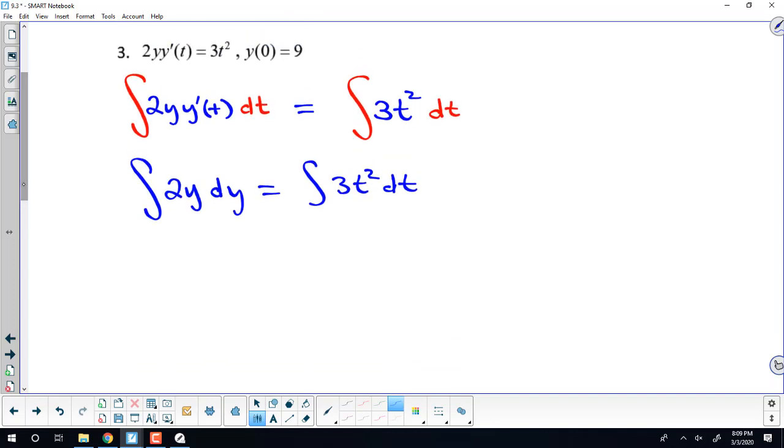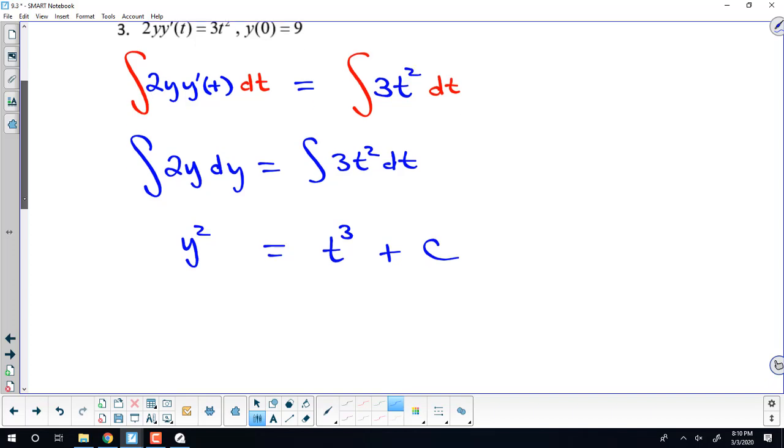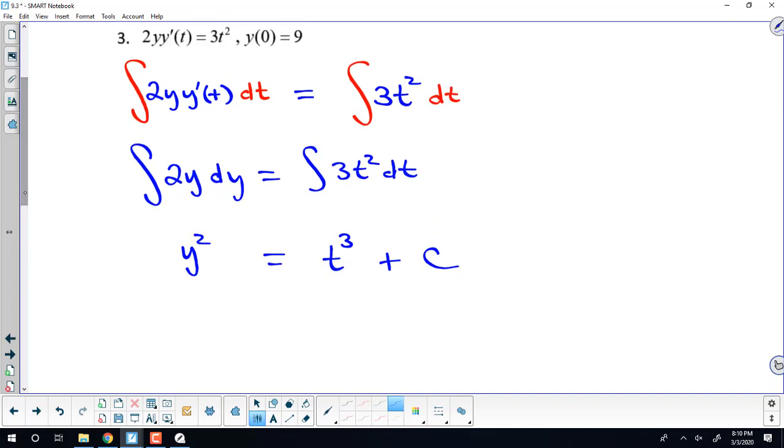Okay. So we have the antiderivative of 2y equals the antiderivative of 3t squared. Okay, so y squared equals t cubed plus c. And solving for y here, you may be inclined to say that it's the positive and the negative square root of t cubed plus c.